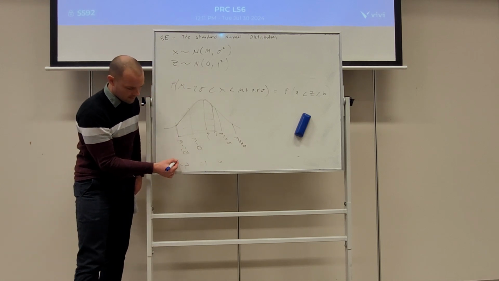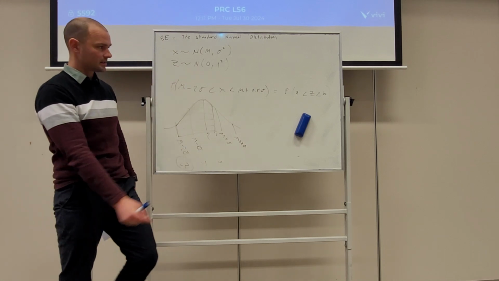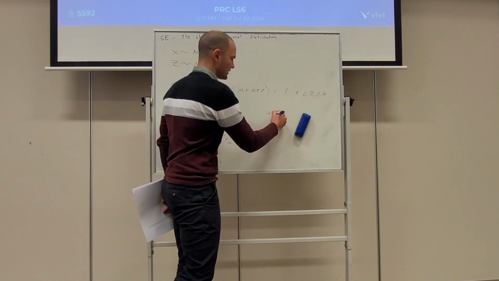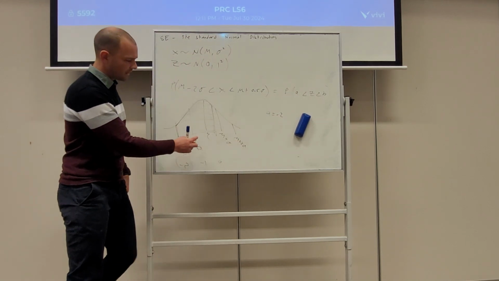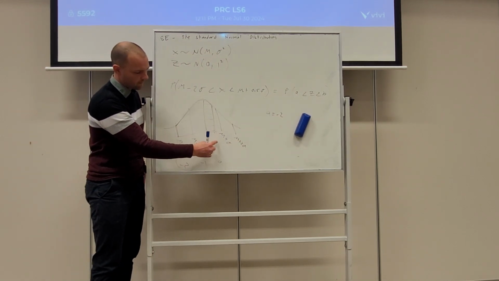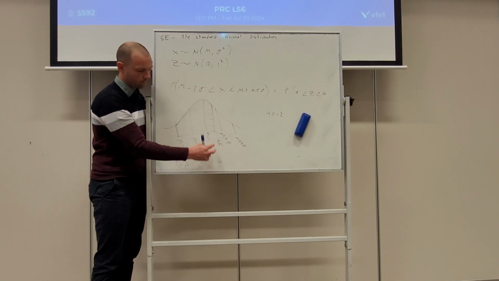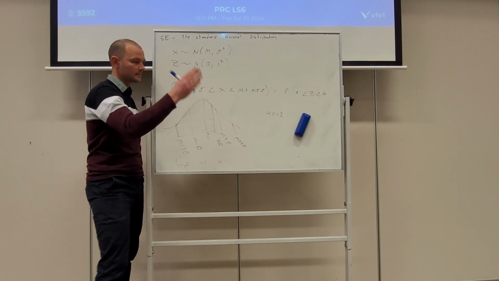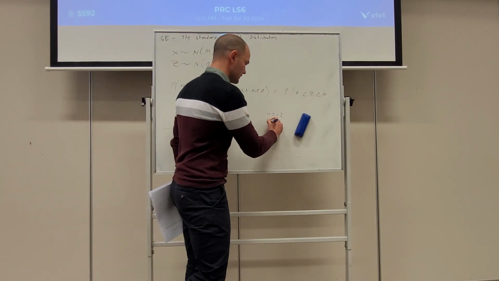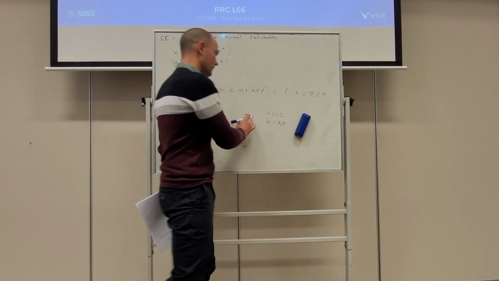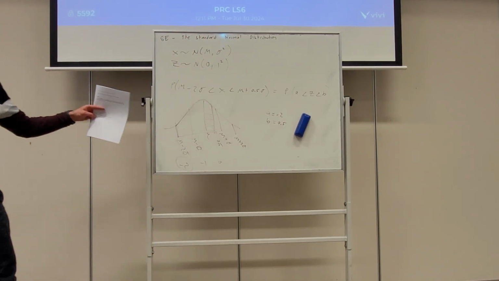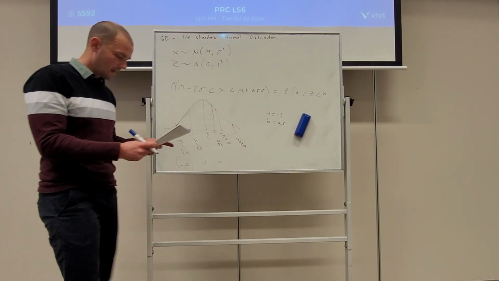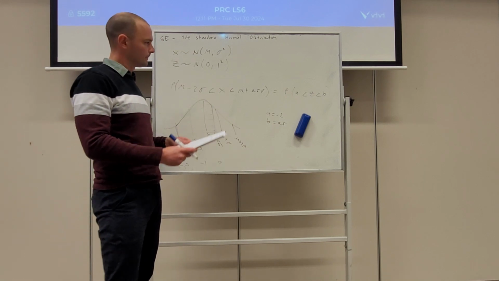Okay, this point here corresponds with a z-score of -2. The value of A is -2. And this point here corresponds with a z-score of positive 0.5. It's half a standard deviation above the mean, so the value of B is 0.5. We're not even asked to perform the probability calculation, we're just asked to find the values of A and B.